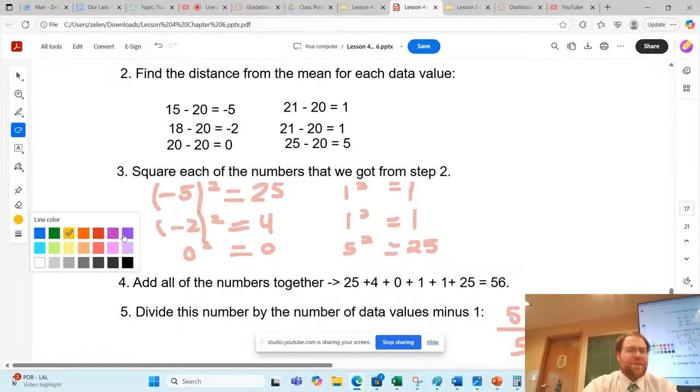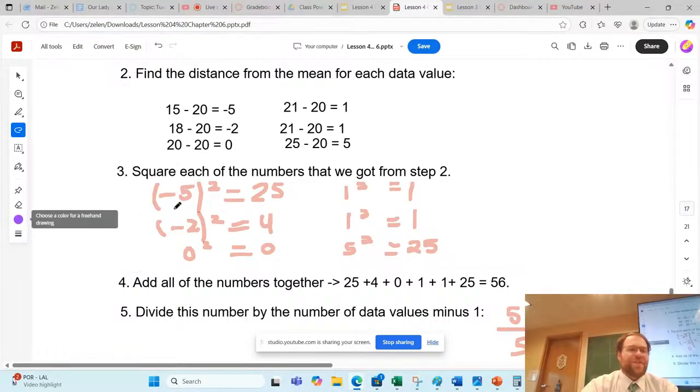Say we were to do that. You were saying add up -5, -2, 0, 1, 1, and 5, right? If you added those up, that would actually be 0. So that really wouldn't work, and squaring that would still be 0.